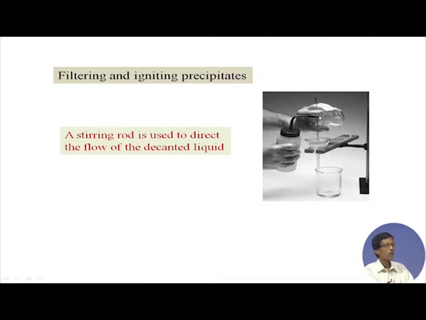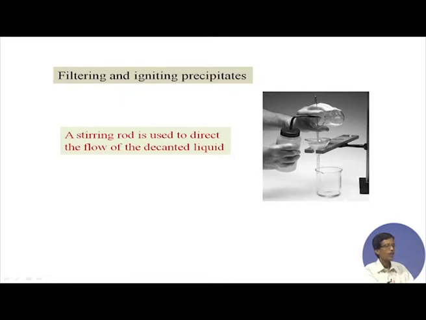So, you have to put this jet and transfer the last part of the precipitate to this particular filter paper. The stirring rod is used to direct the flow of the decanted liquid initially, and then at the end, when you go for this water jet, the water comes through this rod.